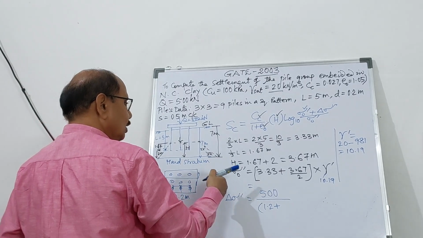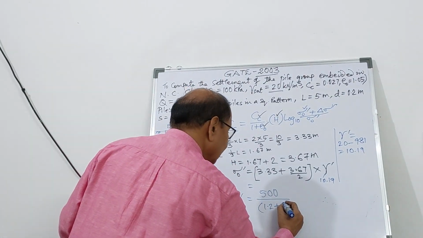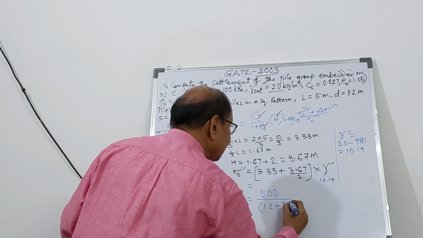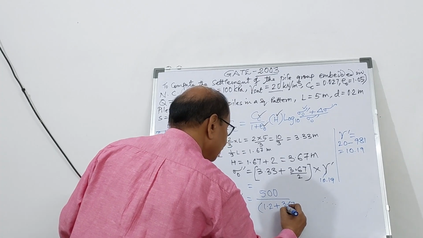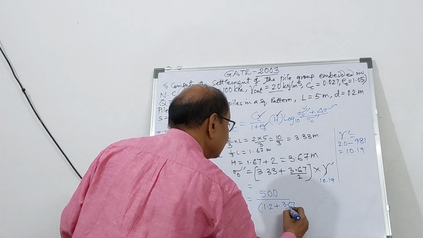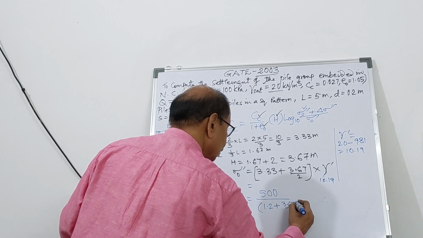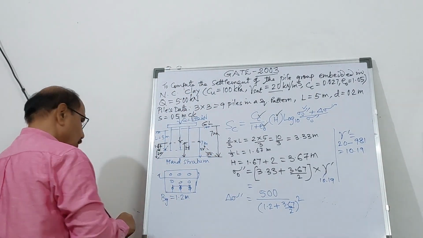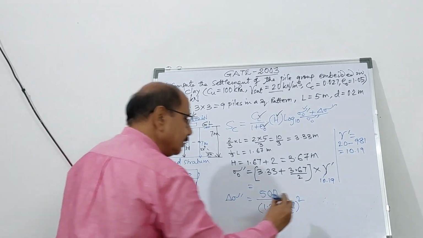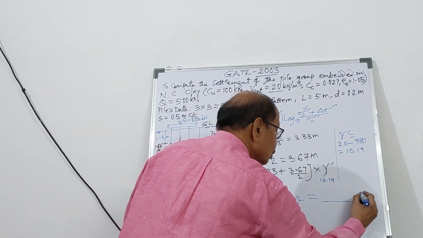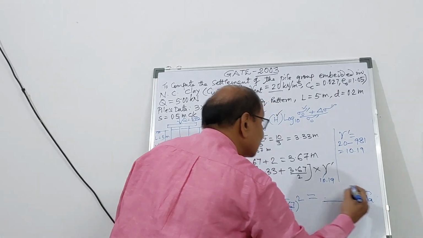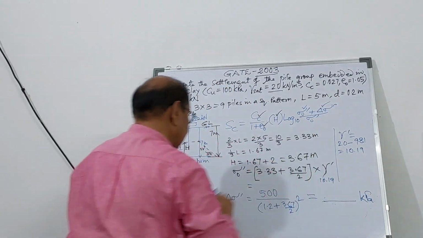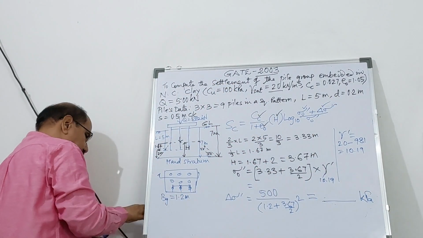So at the midpoint it will be 3.67 divided by 2, whole square. So this also you can calculate in kilopascal. So delta sigma prime you can calculate and substitute. So let us calculate.